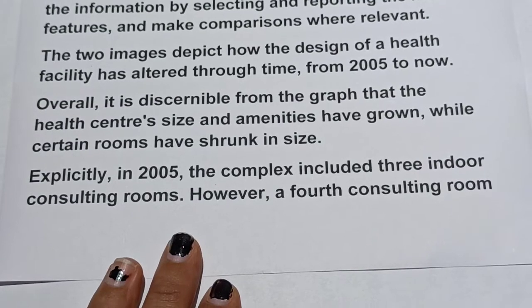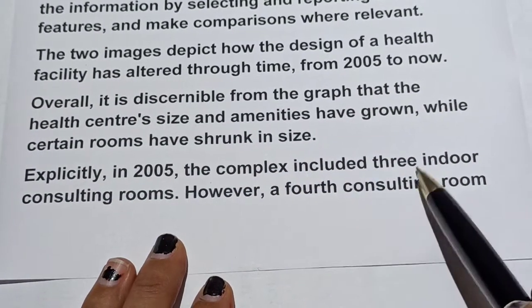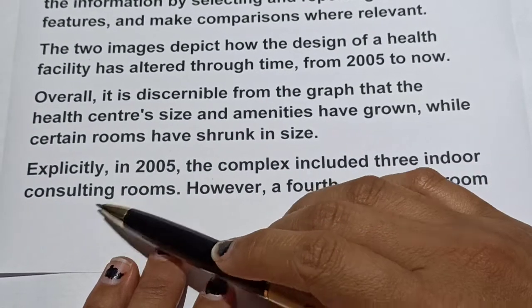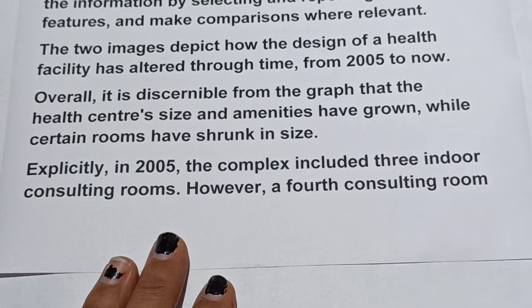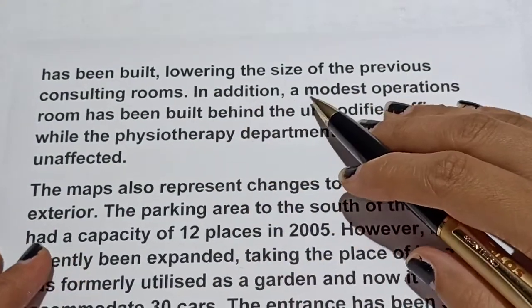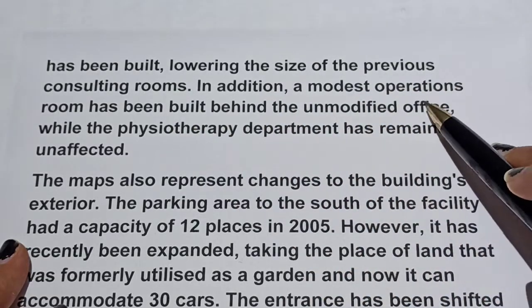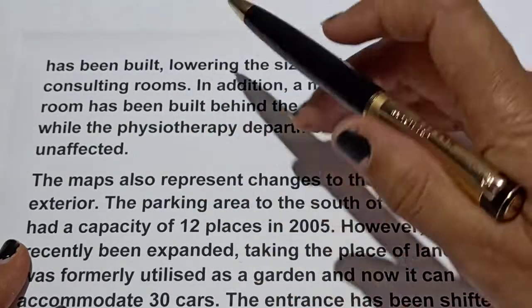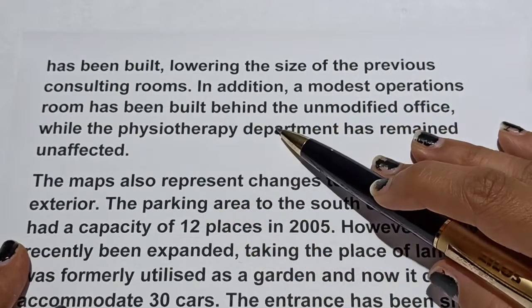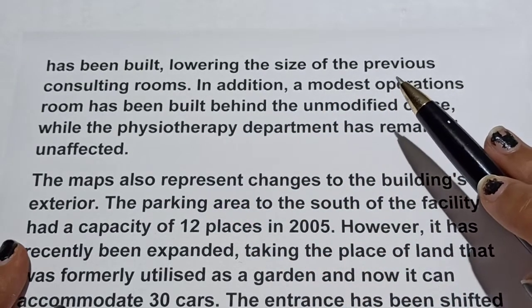Explicitly, in 2005, the complex included 3 indoor consulting rooms. However, a 4th consulting room has been built, lowering the size of the previous consulting rooms. In addition, a modest, means a small, operation room has been built behind the unmodified office, means the office remained unaltered.